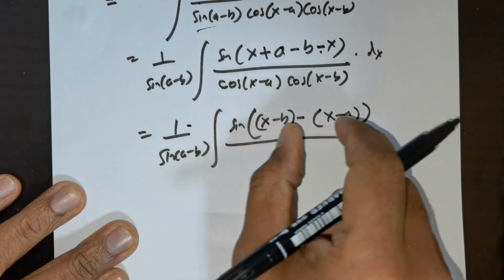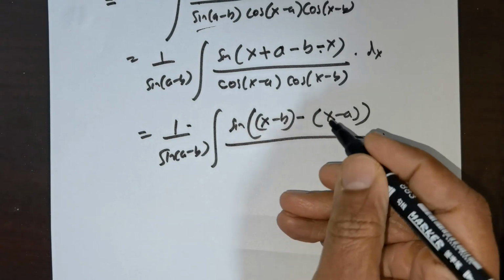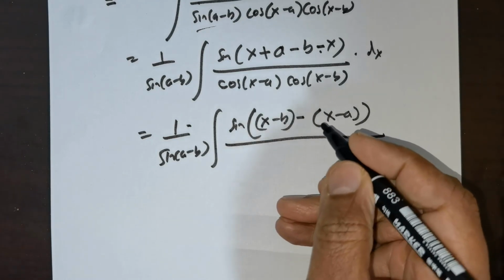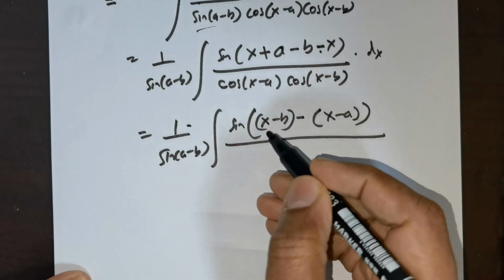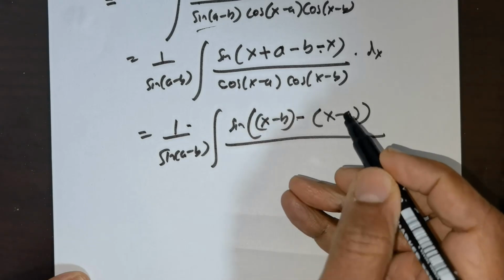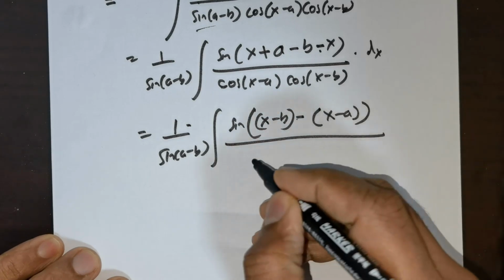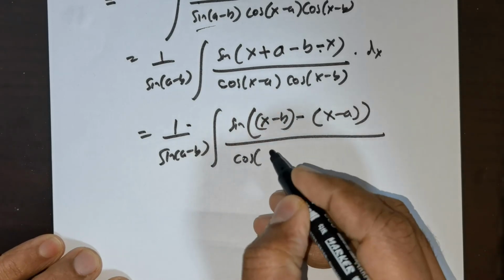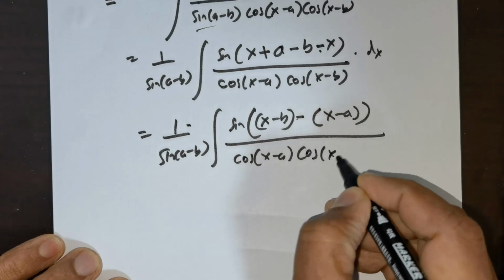You can simply place these terms and you will get the solution. Of course, you will also have to check that this adds up to this quantity: x − b minus x, so x gets cancelled, negative and negative is positive, so a is positive, b is negative. Fair enough. Now this is divided by cos(x − a) multiplied with cos(x − b).